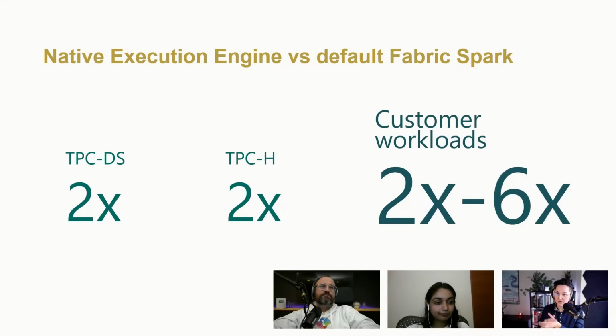The new version of runtime is usually faster than the previous one, with a new generation and more functionalities. Secondly, enabling the native execution engine is just a checkbox. No matter Spark SQL, R, whatever the language, it's just a checkbox that you can enable on the environment level.